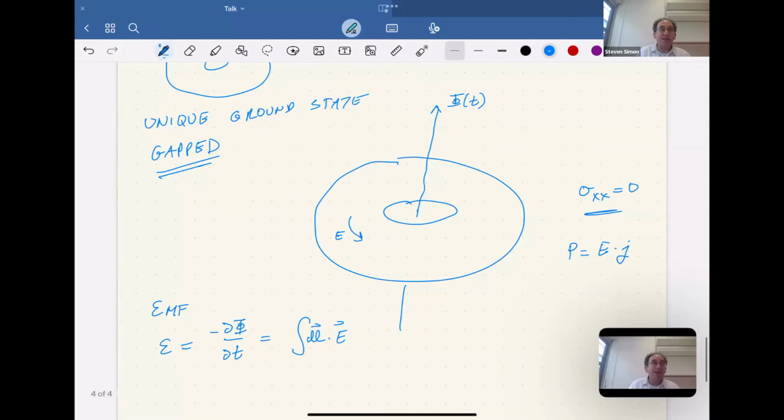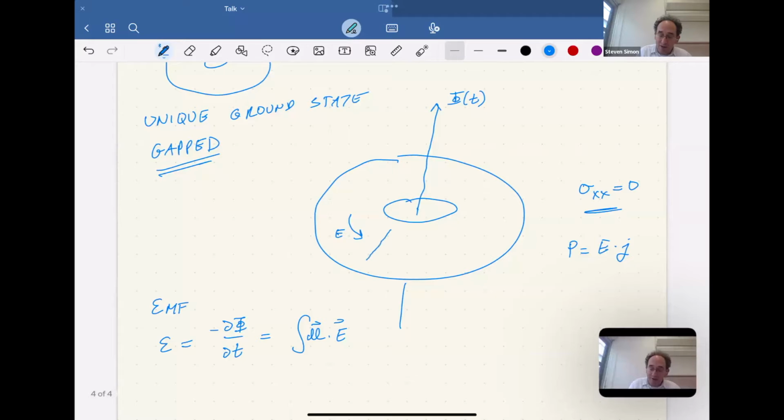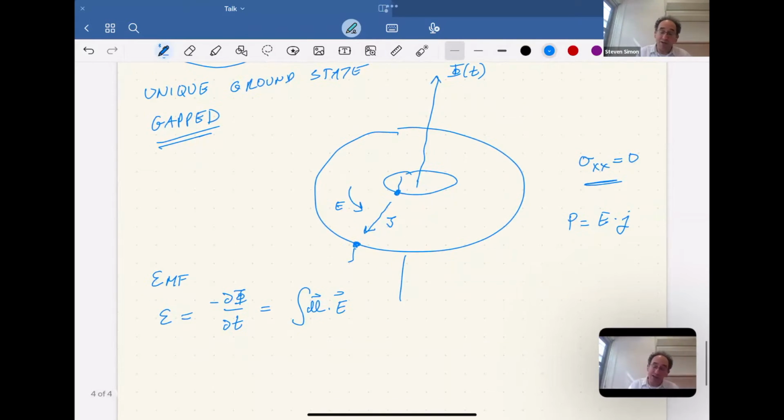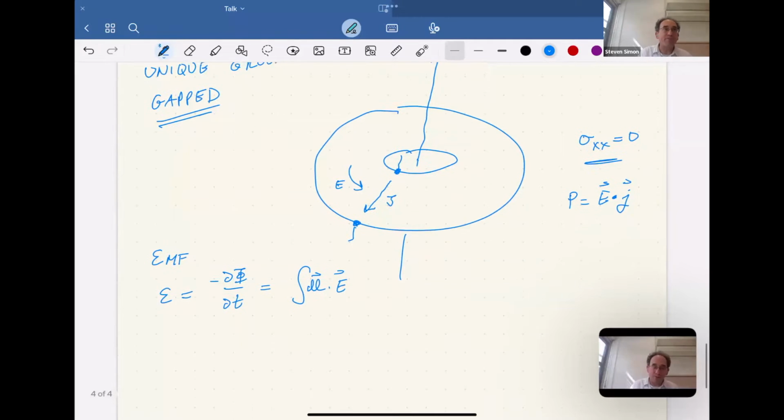However, it is possible to have current flowing orthogonal to the electric field. And that's what we're going to try to calculate. So we'll imagine having an electrical contact on the inside and an electrical contact on the outside. And we want to see how much current runs perpendicular to the electric field. Now, if the current runs perpendicular to the electric field, that does not dissipate any power, because power dissipated is E dot J, and the dot product is 0 if they're orthogonal to each other.